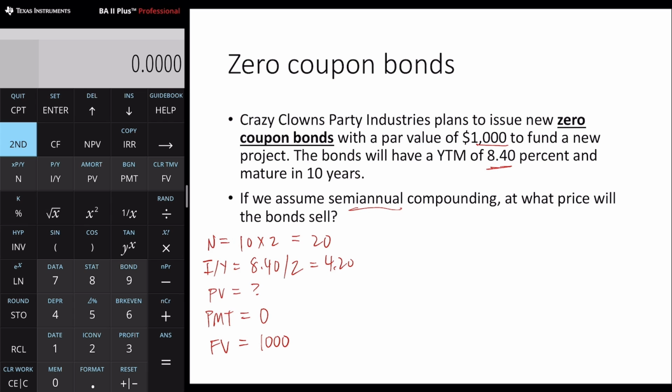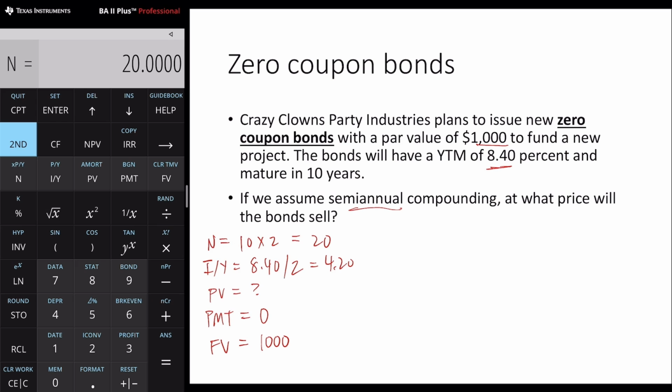With the zero coupon bond, we don't make payments, so payment is always going to be 0, which means that the return the investor receives is not from the cash flows in the middle over the life of the bond. Instead, it's only from the difference between what the investor pays and when it receives par value as the bond matures. So let's input this into the calculator and see what it spits out.